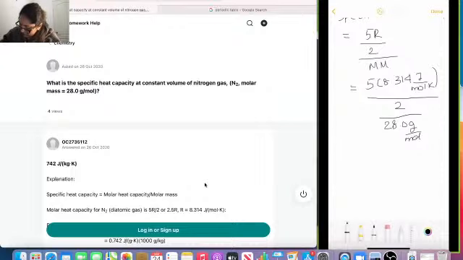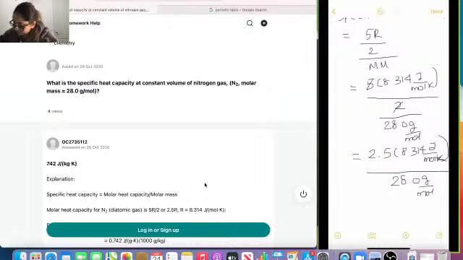However, we can also cancel this out, and we have 2.5 times 8.314 joules per mole Kelvin over 28.0 grams per mole.